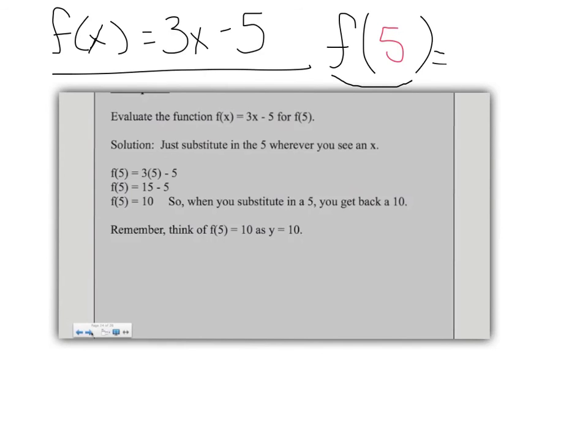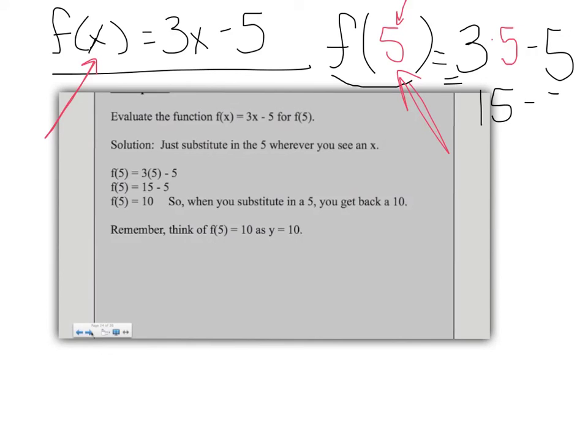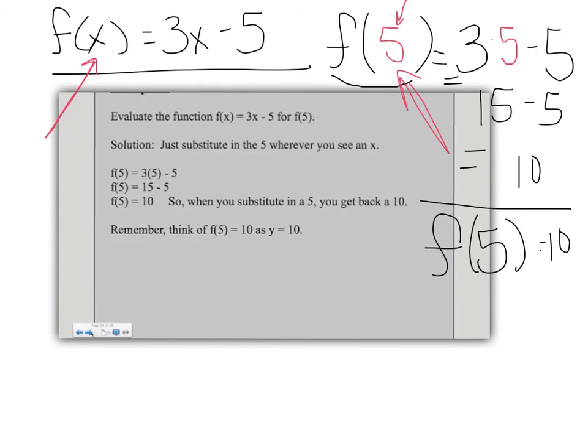Well, I know that 3x minus 5 is my function of x, but now I know that x is equal to 5, because this is the x we're looking for. So I just plug 5 in for x into the equation and solve it. I'll get 15 minus 5, which is 10, which means the function of 5 is 10.